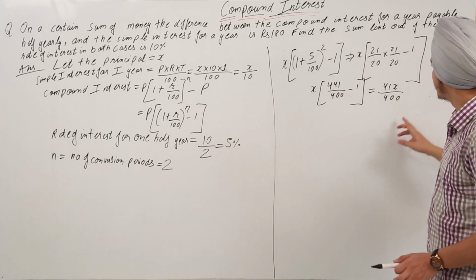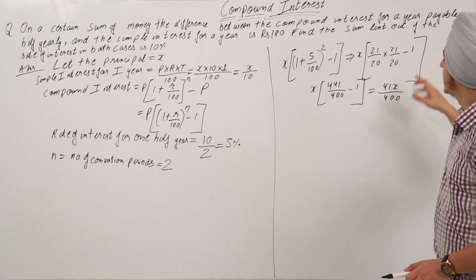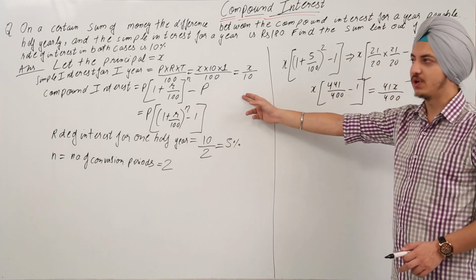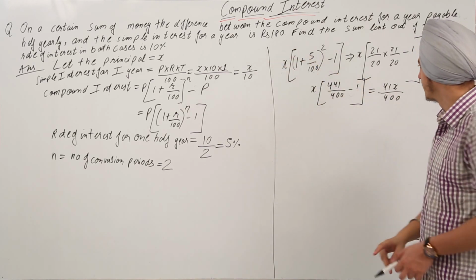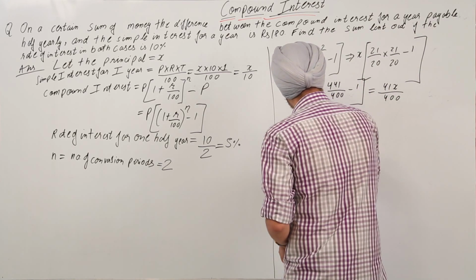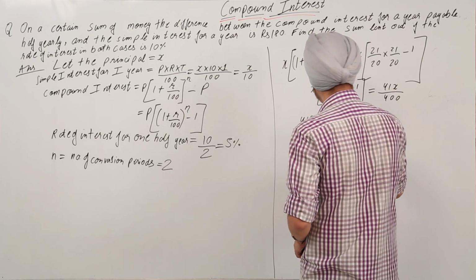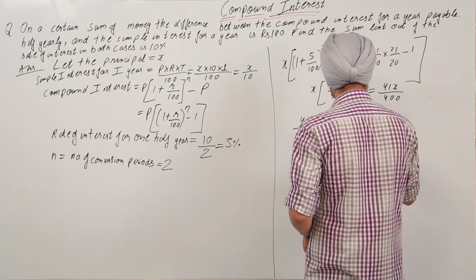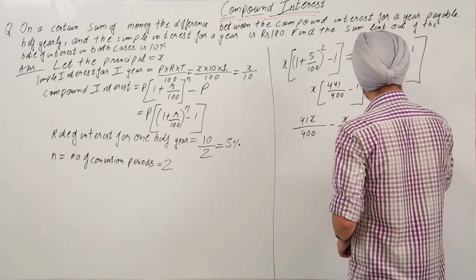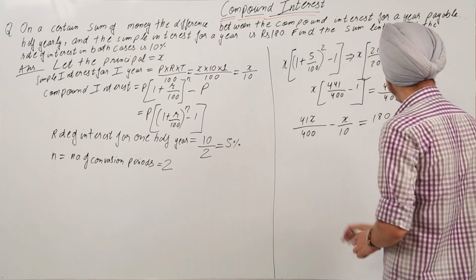So according to the question, we have the compound interest taken half yearly minus the simple interest equal to 180 rupees. So what do we do now? We have 41x upon 400 minus x upon 10 equal to 180.